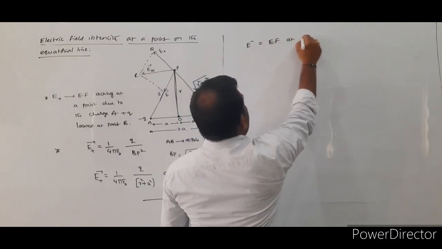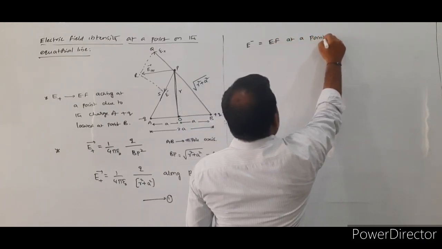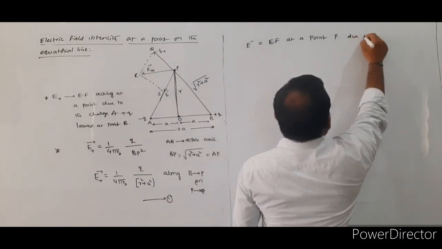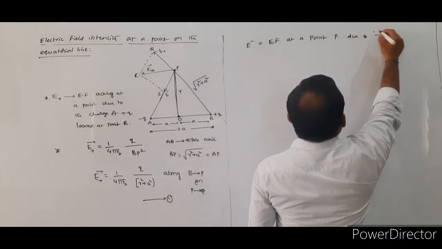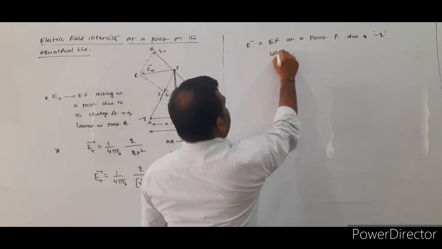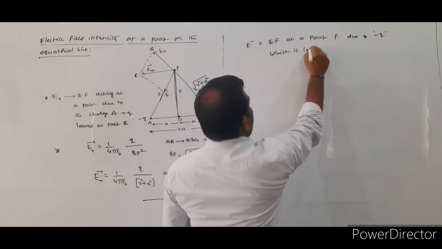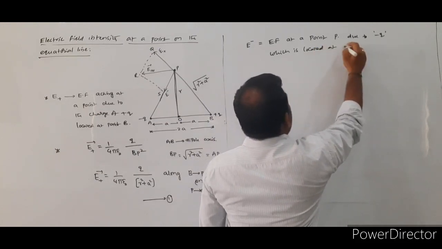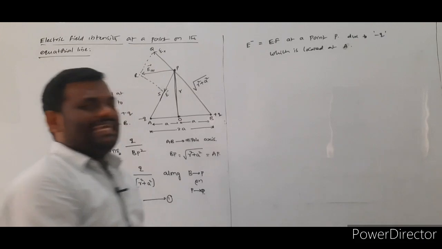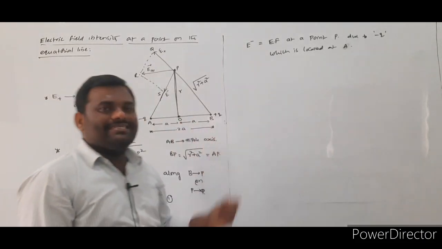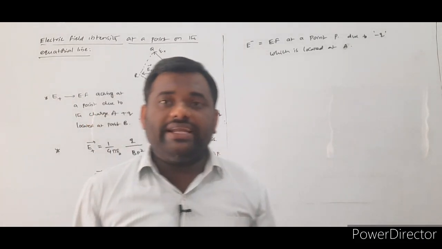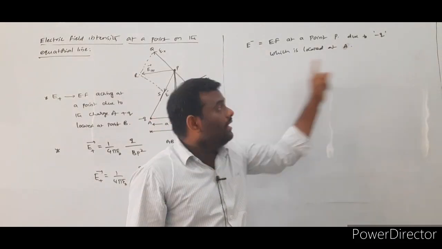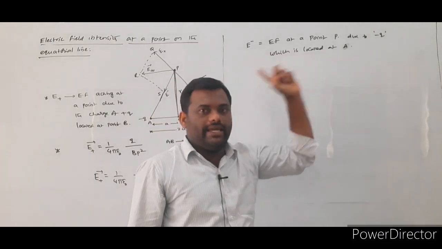Electric field intensity at a point P due to the minus q charge, which is located at the point A. So what is E minus representing? Electric field intensity which is produced by the negatively charged particle minus q, which is located at the point A.